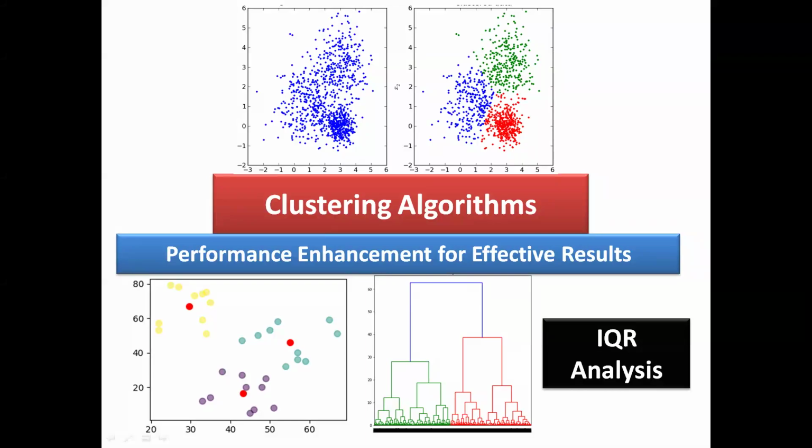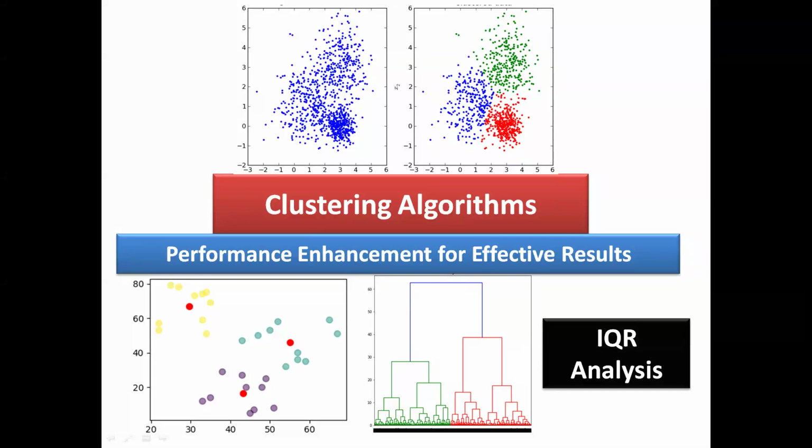created properly or not. So there are different techniques, there are different mechanisms for formation of effective clusters, and in formation of effective clusters there is one more approach, one more mechanism that is known as IQR analysis.